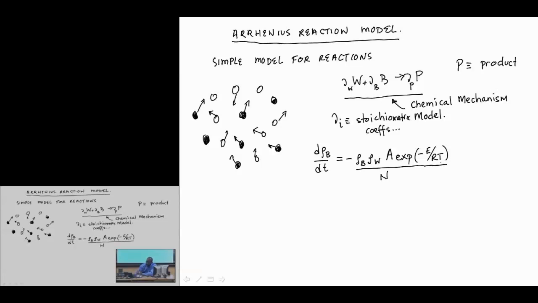So one way of describing this is by considering the fact that if we were to look at some scattering volume, so imagine that we enclose some path around all the molecules where there's a collision area that has to encompass the diameter that is associated with a collision between the B and the W molecules, then we can ask ourselves, what's the characteristic velocity that allows this to occur?